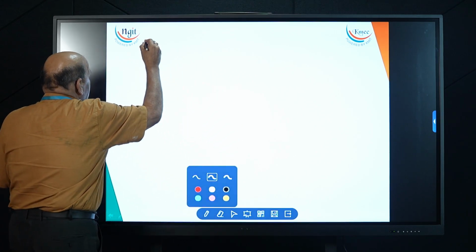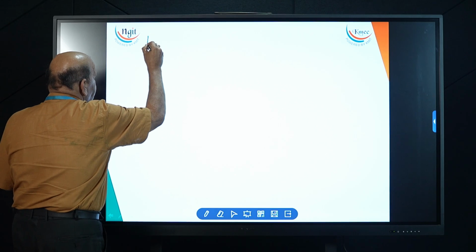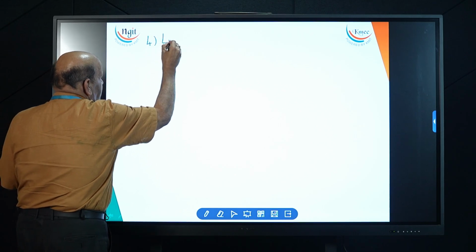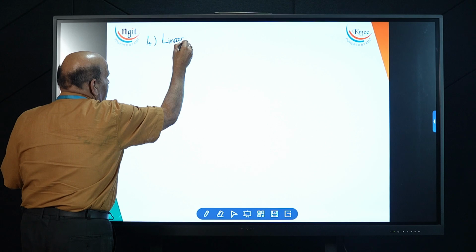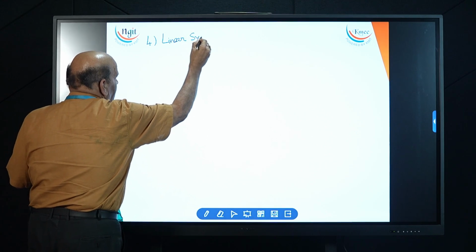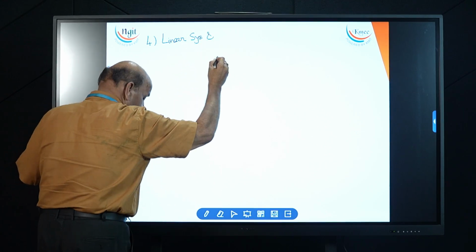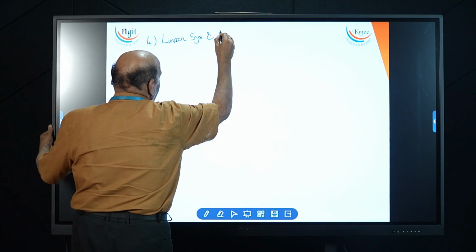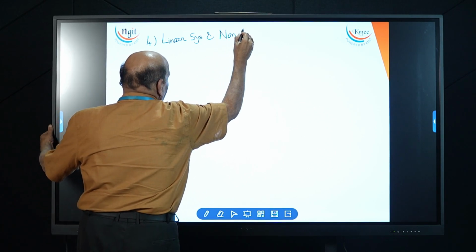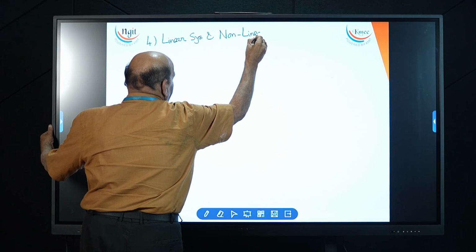Now, the fourth one is linear systems and non-linear systems.